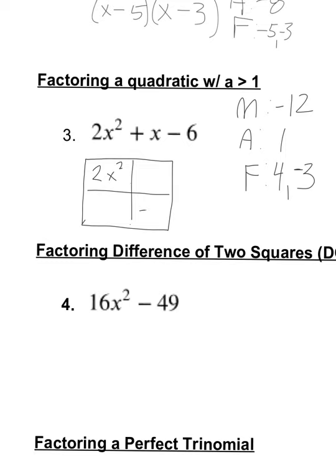The last term is negative 6. And now we need two middle terms. Remember, this middle term is split up into those two. But since it's x, it needs to be 4x. And it also has to be negative 3x, because 4 plus negative 3 does not give you x. It gives you 1. You need 1x.